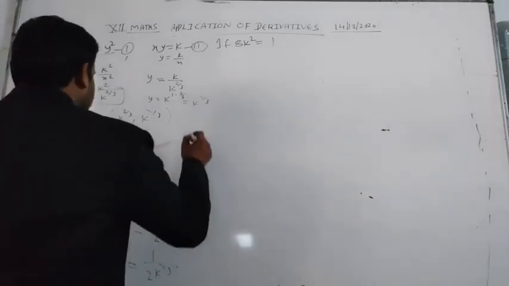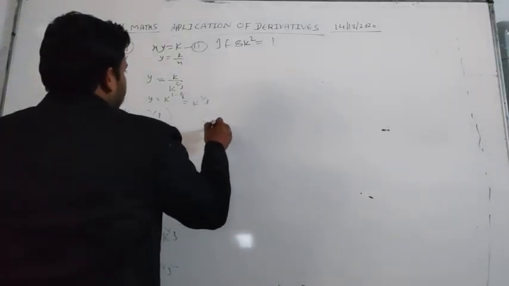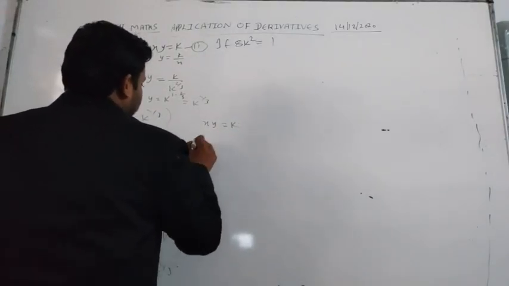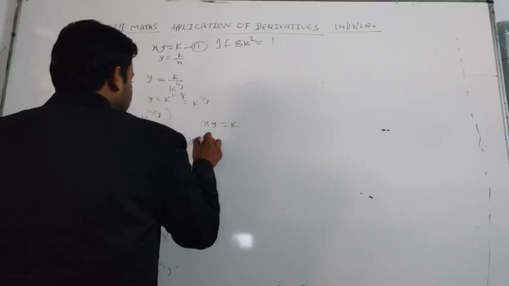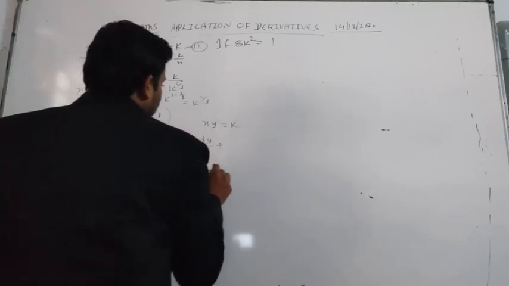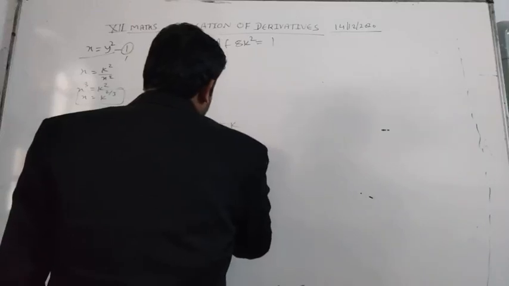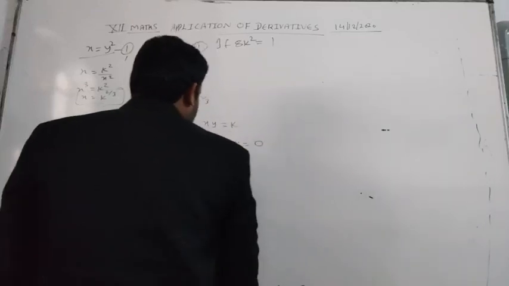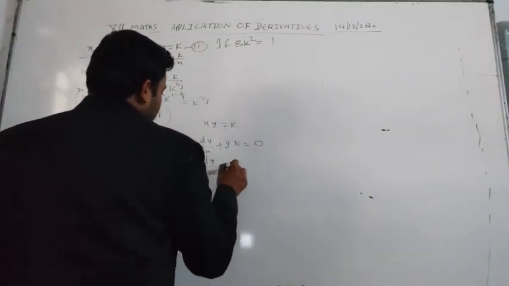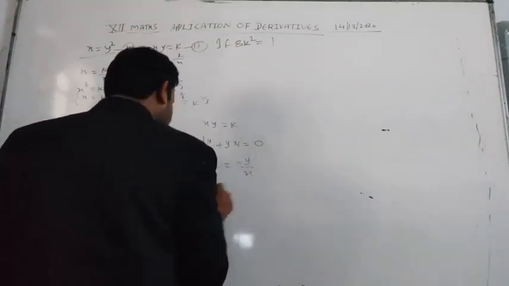Now we will take xy is equal to k, the second curve, and differentiate this. So first function into differentiation of second function plus second function into differentiation of first function, and the right hand side is 0. So dy by dx will be what? Minus y by x.